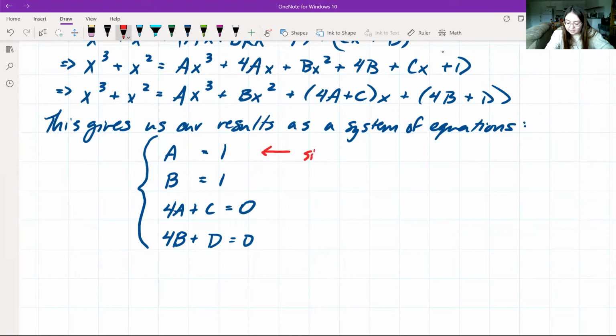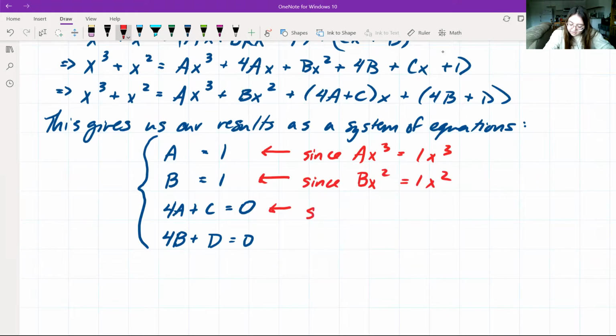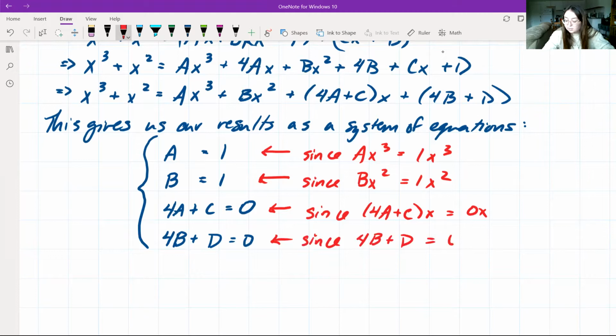So we get this, since ax cubed has to be equal to 1x cubed, then same thing, since bx squared has to be equal to 1x squared. Then since 4a plus c times x has to be equal to 0x. And then since 4b plus d has to be equal to 0.